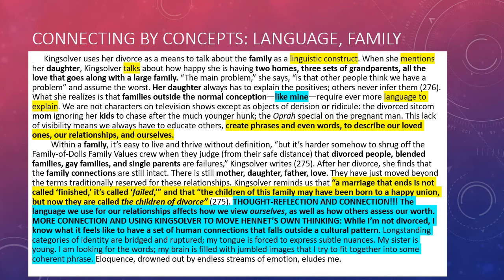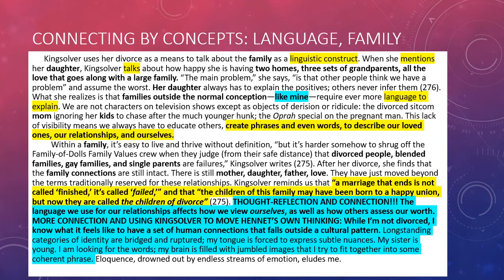The second reason is because Kingsolver talks about language. When she speaks of marriage, she did mention that marriages that dissolve are called failed, and children of divorce was another label that was used. So there are two concepts here that the two have in common.